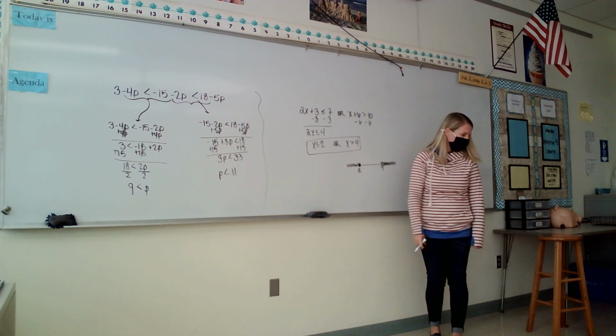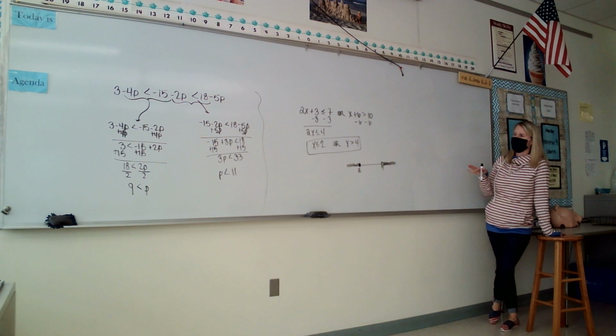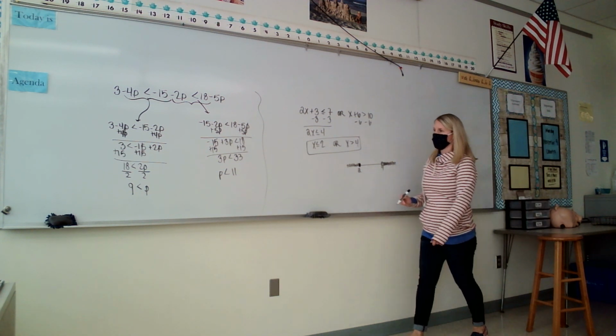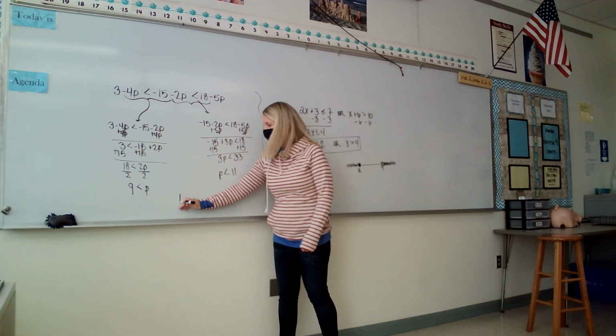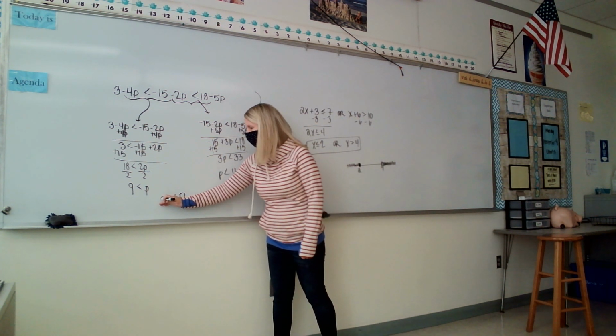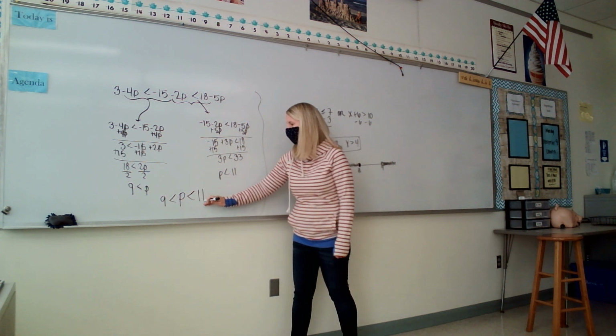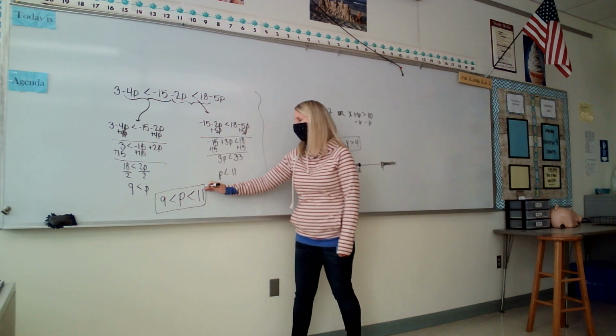So what we would do, okay, we had a compound inequality. We had to split it up because things were a little messy. But we do have one answer. So the answer is p is greater than 9 and less than 11. So we would write our answer like that.